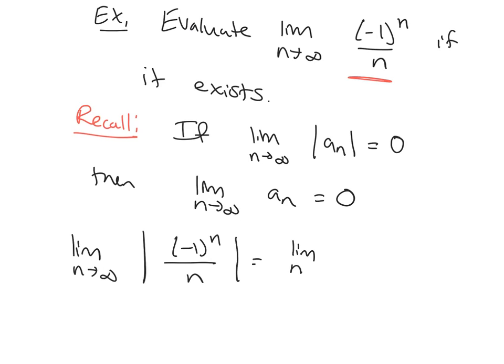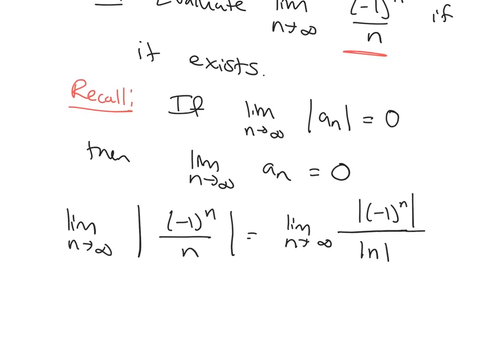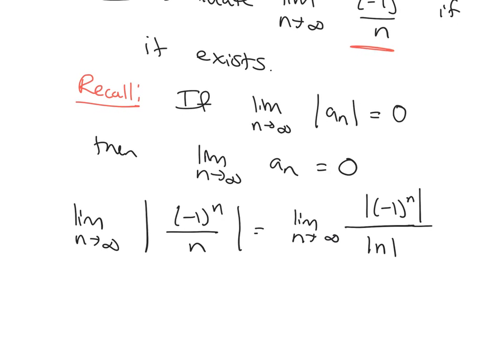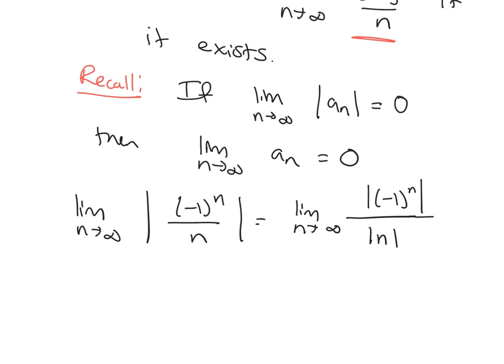Well, if you take the absolute value of a quotient, which is really just the same thing as multiplication, you take the absolute value of the numerator and the absolute value of the denominator. What kind of numbers am I getting for the numerator? Negative 1 to the n. It flip-flops. What were my two values that it flip-flops between? Positive 1 and negative 1.